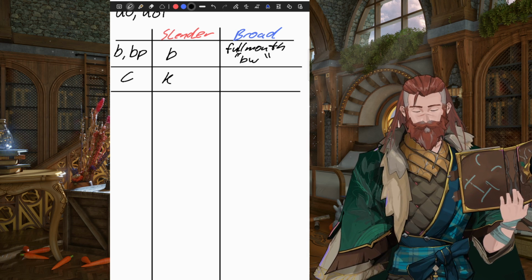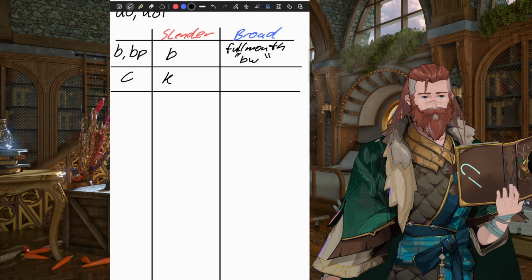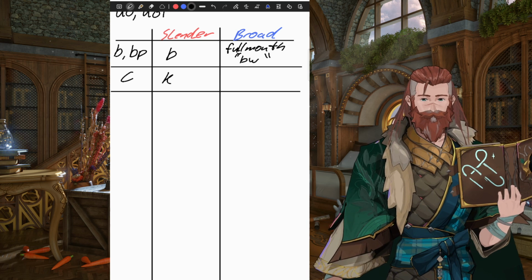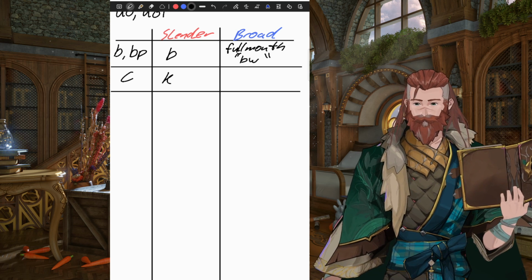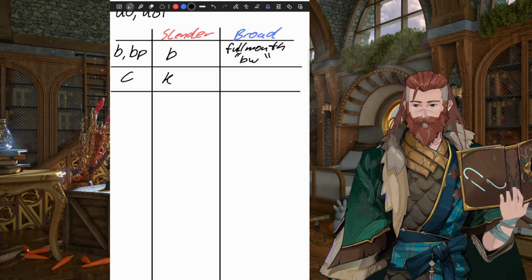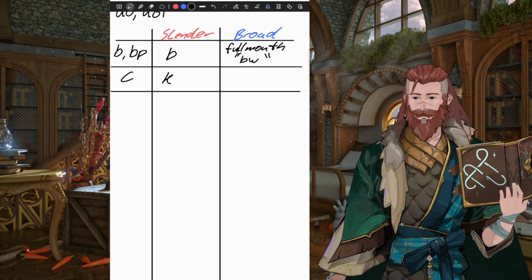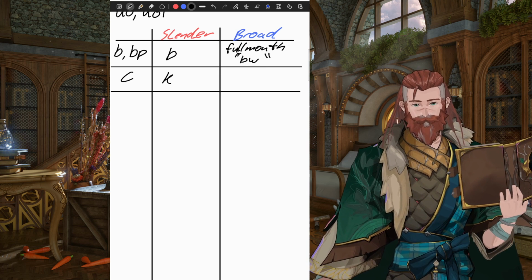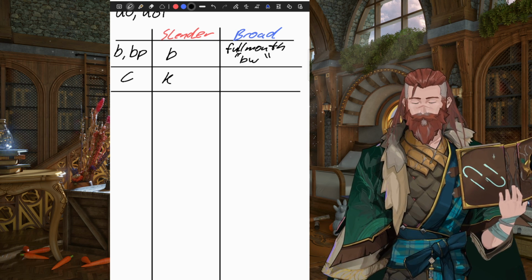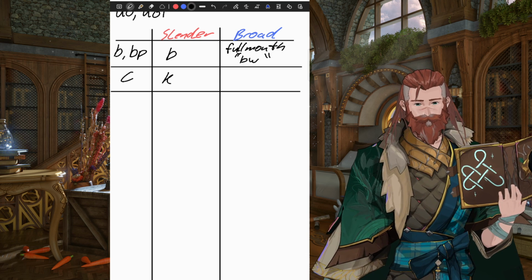When we go into the broad C, that's sort of more what we consider a C sound. So like ka, para, cola, quish, kun.